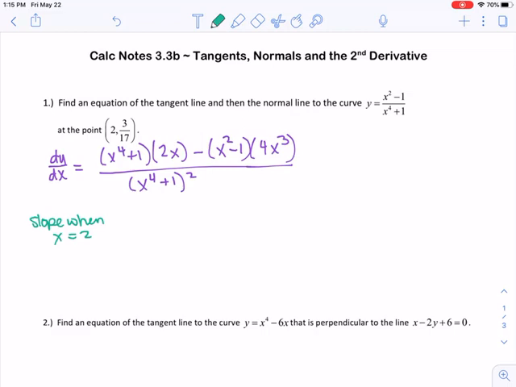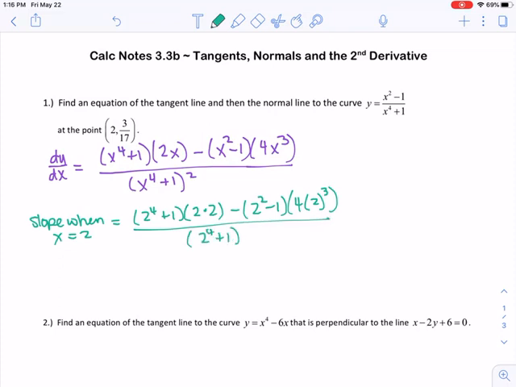So I'm going to plug 2's in for my x's. 2 to the fourth plus 1 times 2 times 2 minus 2 squared minus 1 times 4 times 2 to the third, all over 2 to the fourth plus 1 quantity squared. So I'm going to get a 17 times 4 in the numerator minus a 3 times 32 all over a 289. So that's going to give me a slope of negative 28 over 289.